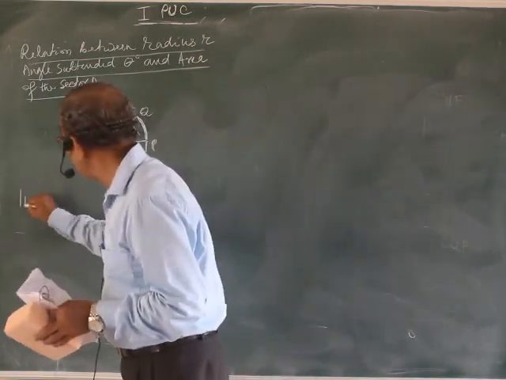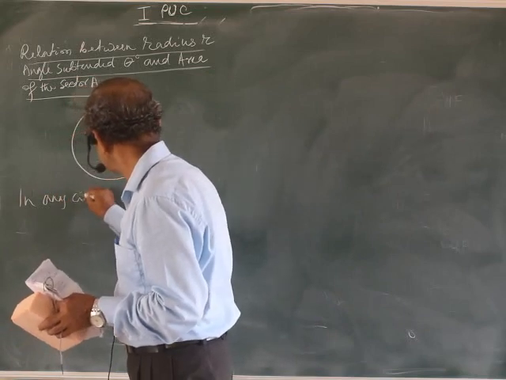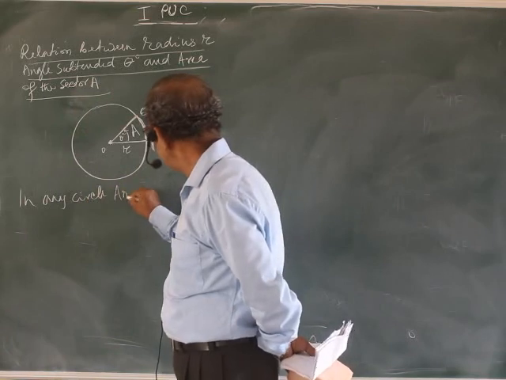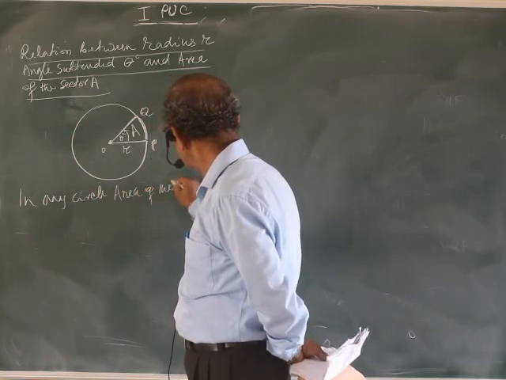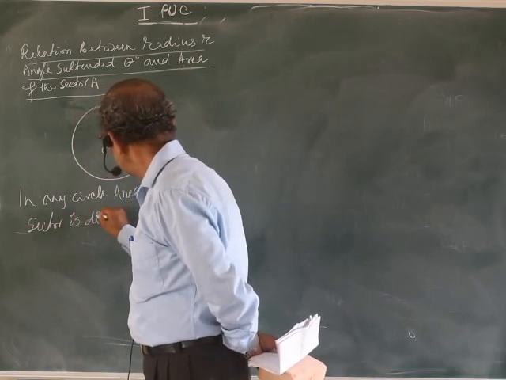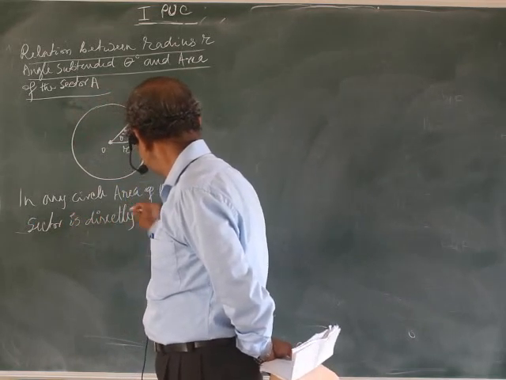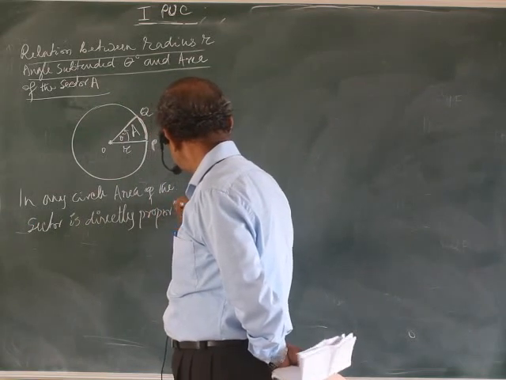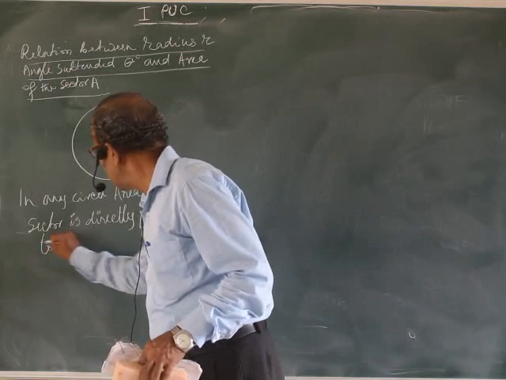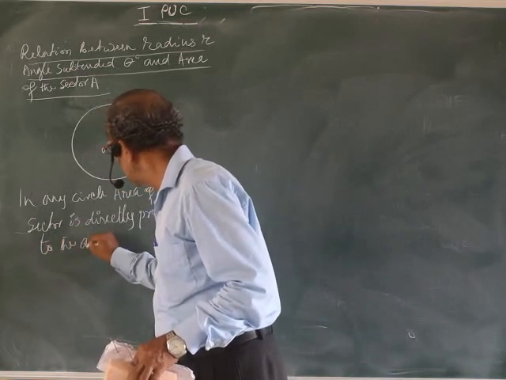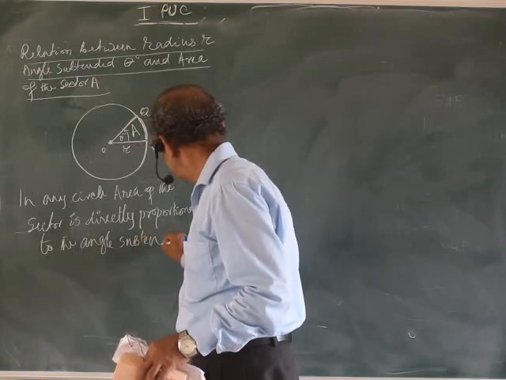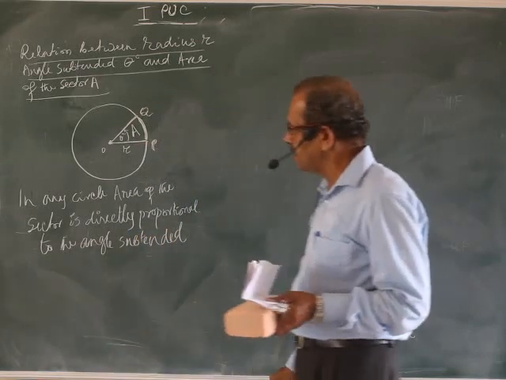So I can write, in any circle, area of the sector is directly proportional to the angle subtended. Write the notes correctly.